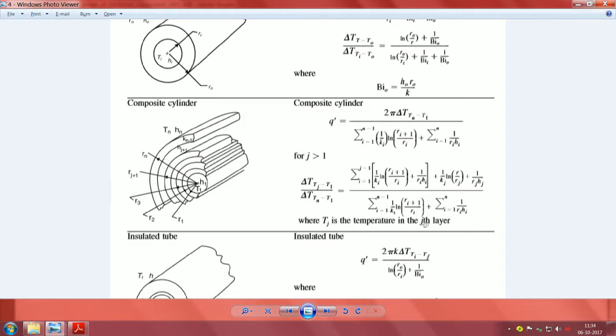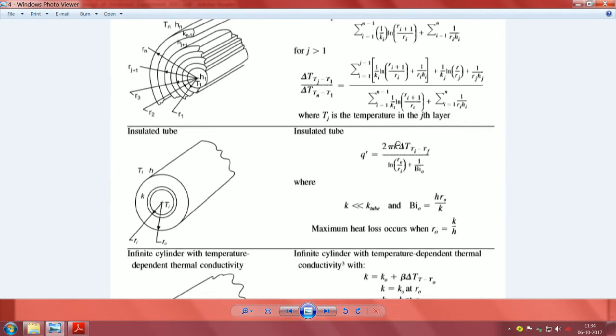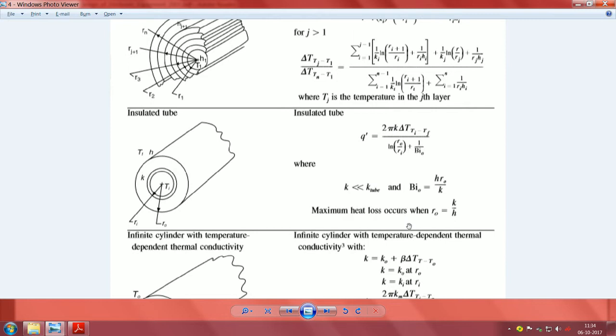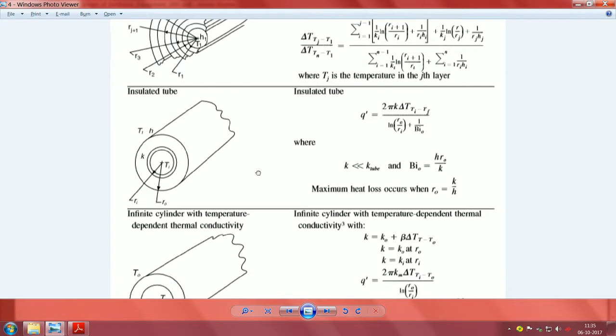what I spoke to you about wires and insulated devices and all that, these things they have given here, where Tj is the temperature in the jth layer. In the case of insulated tube, maximum heat loss occurs when R0 is equal to K by H and so on like that.